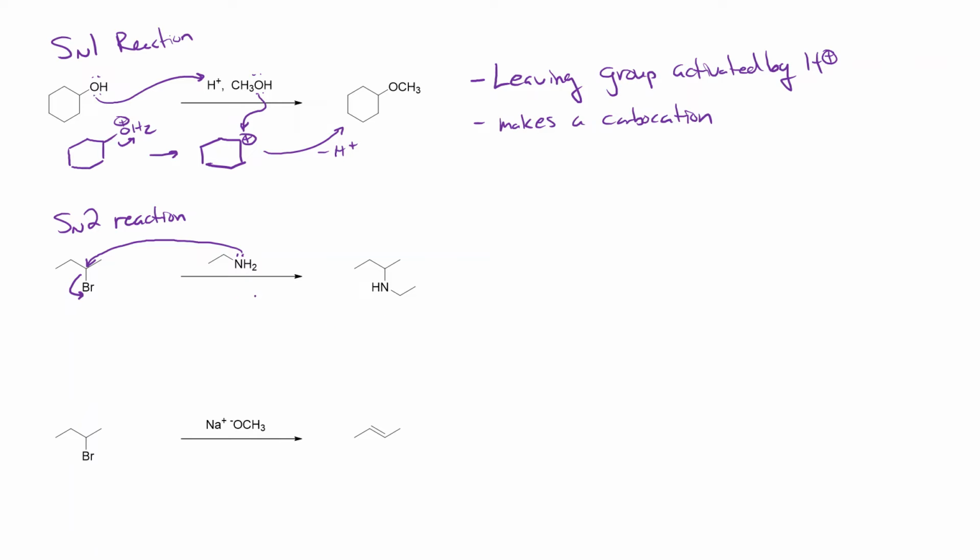We have to lose H plus in here as well, so I'm going to hand wave away the H pluses as they happen here. The important thing to notice is that the nucleophile adds and the leaving group leaves simultaneously.